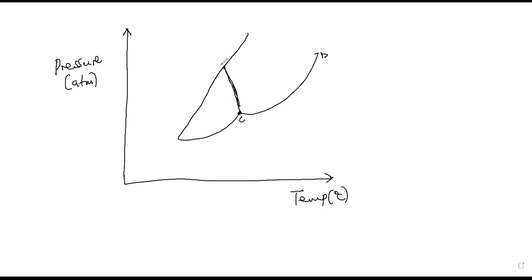So at this point, let me call this one E, and this one point F. Then let me project it further. It's a curve, not a line. And let me call this one my point A, then this one my point B. So I have A, B, C, D, E, F.